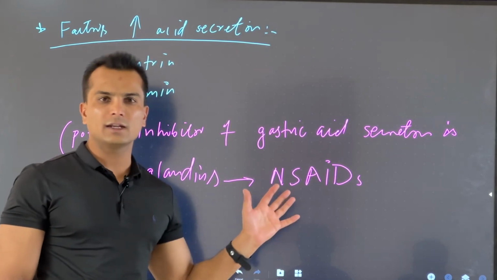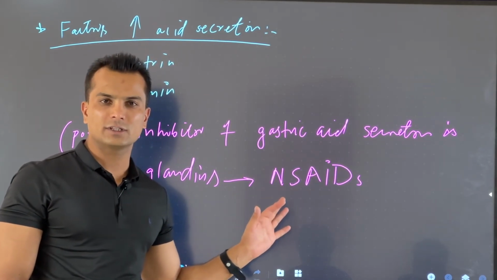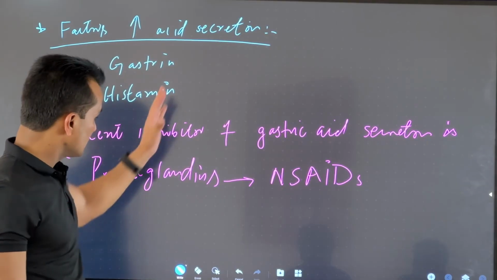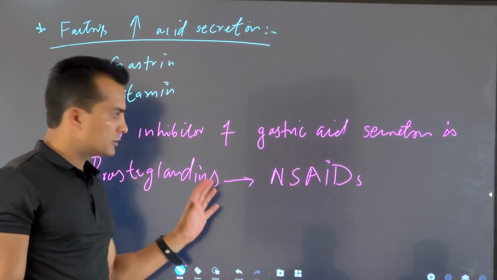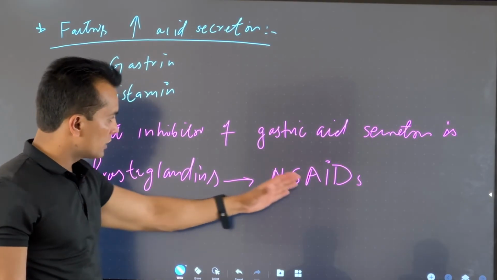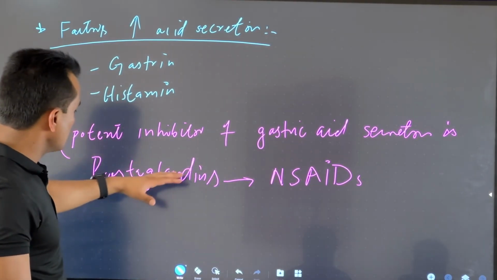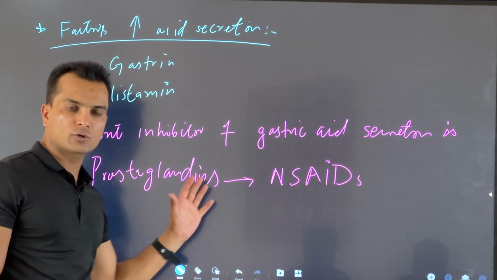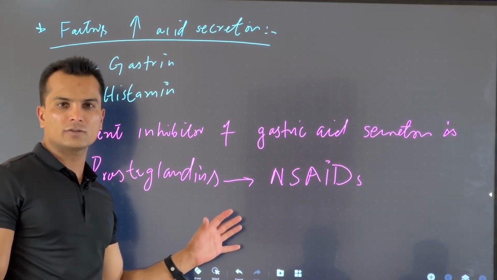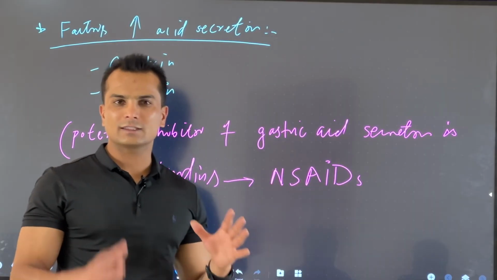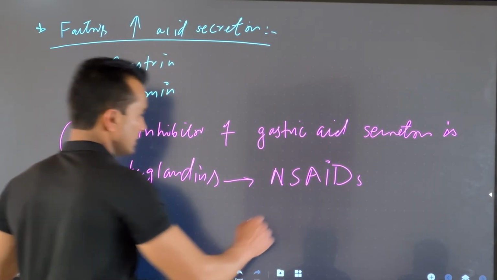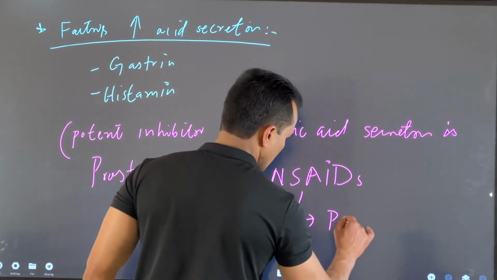This prostaglandin is the protective layer of the GIT, especially the stomach, because it helps decrease acid production in your GIT mucosa. When you consume too many NSAIDs, you will have a deficiency of prostaglandins in your body. With destruction of the PGs, more acid will be secreted, and that acid is dangerous, and that leads to peptic ulcer.